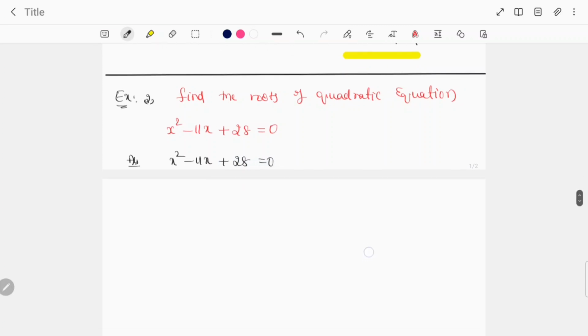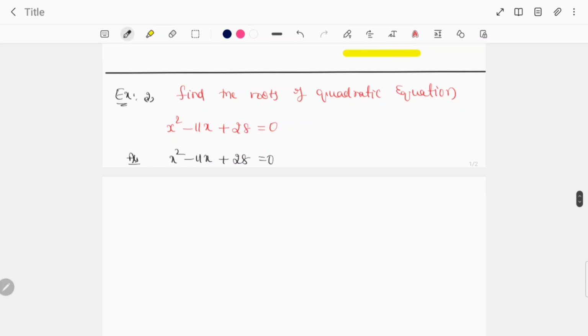Here the x square coefficient is 1. Now if you observe the first two terms, x square minus 11x is there. That means we can write this in a minus b whole square form only: a square minus 2ab plus b square.